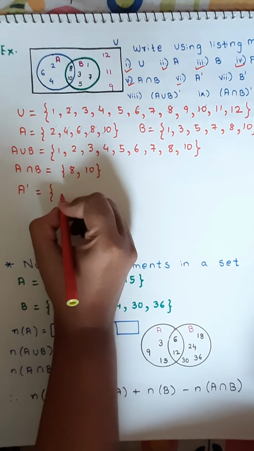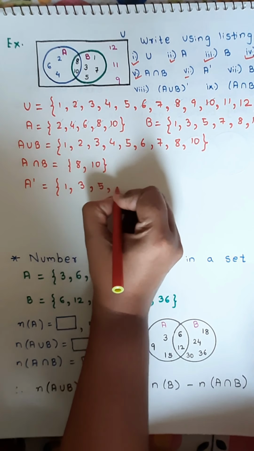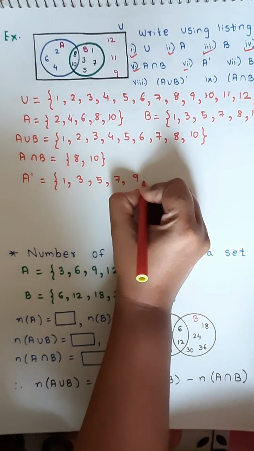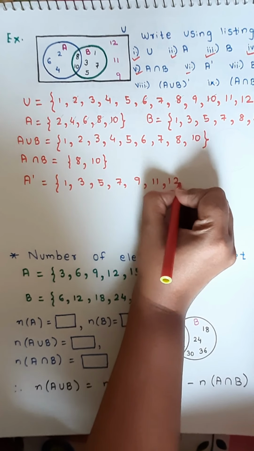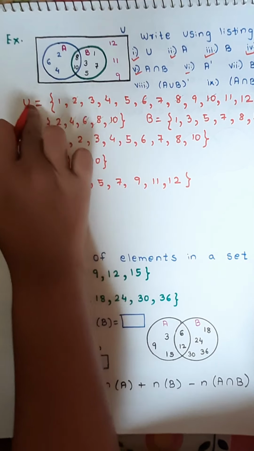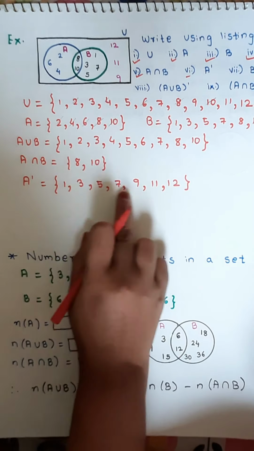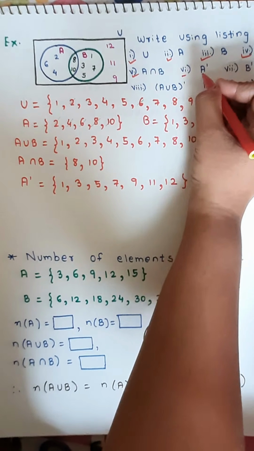So the A complement will include 1, 3, 5, 7, 9, 11 and 12. The common ones in A and universal you will strike off. The remaining everything in the universal set is A complement. A complement is done.